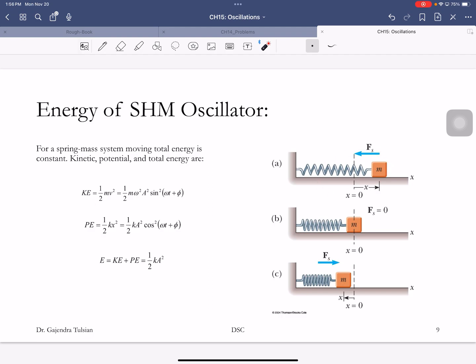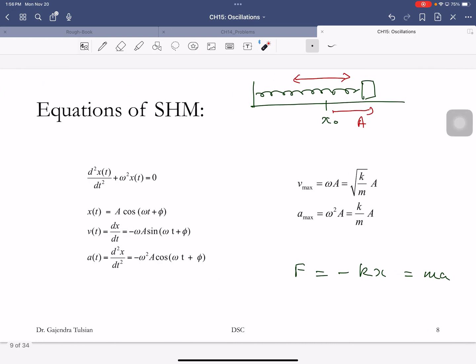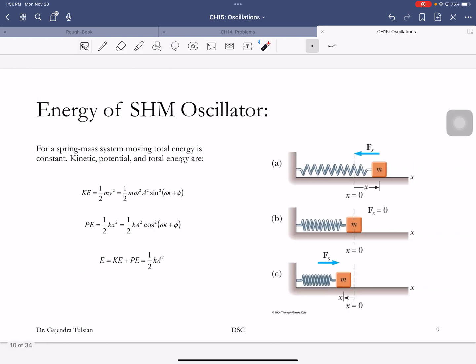And so here was the kinetic energy. Here's the potential energy. Potential energy is 1/2 kx squared, spring potential energy. And you can take these expressions for x and v and put them in there, and that's what we've done. And here's something you notice. If you add the two, the kinetic plus potential energy, you see this is constant.